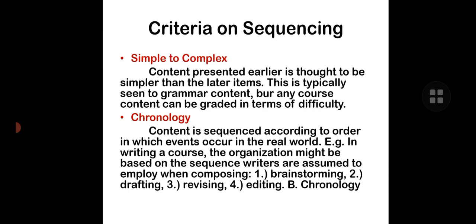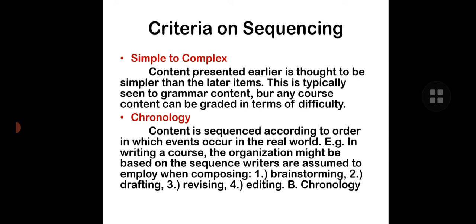Criteria on sequencing. A, simple to complex. Content presented early is thought to be simpler than the later items. This is typically seen in grammar content, but any course content can be graded in terms of difficulty. Next is chronology.